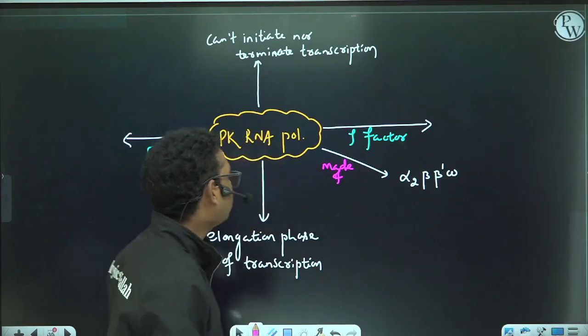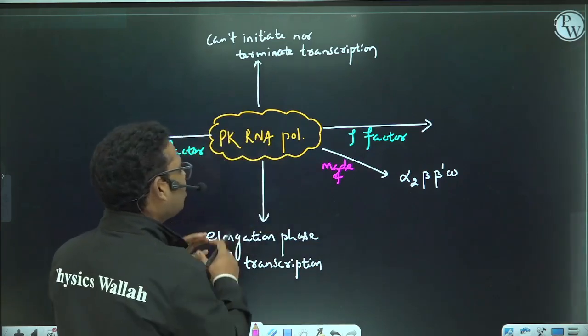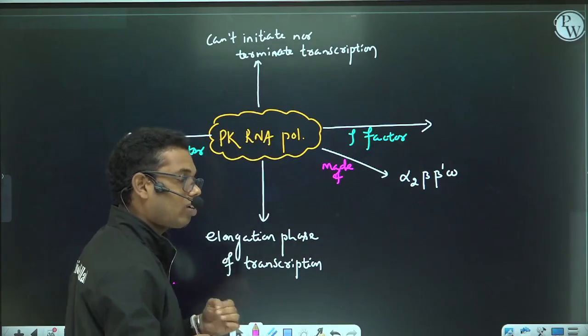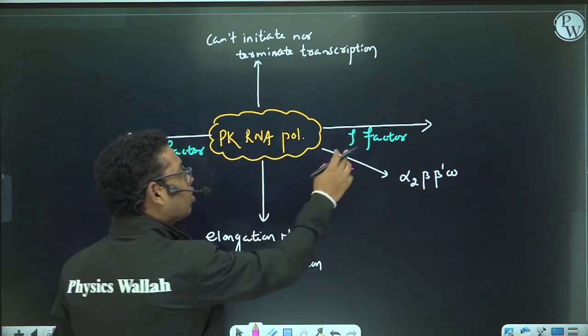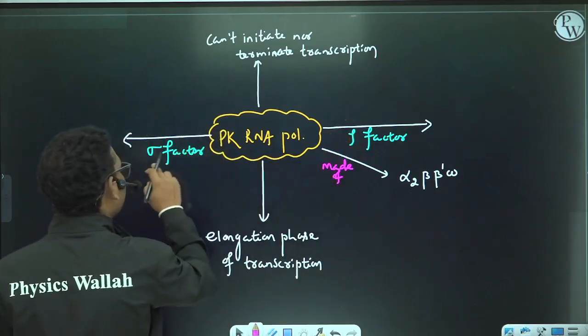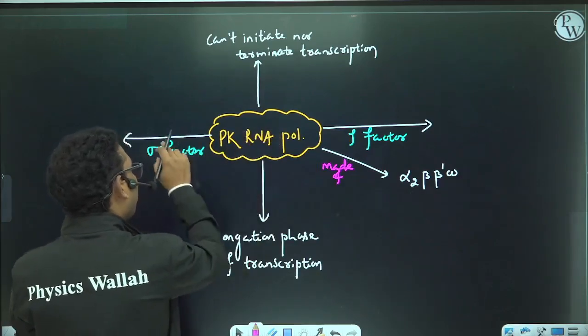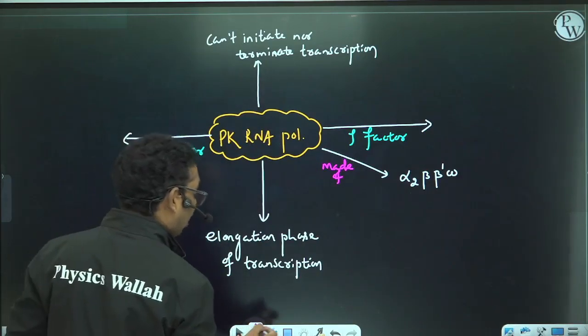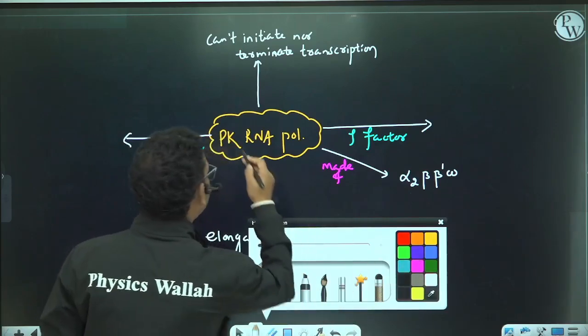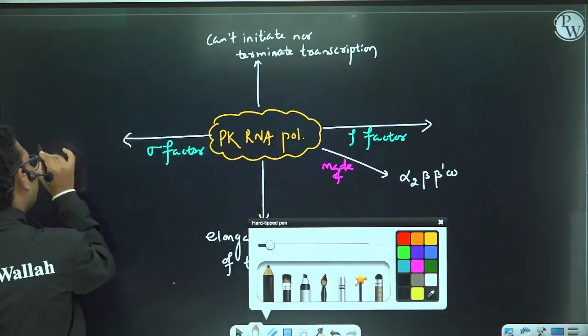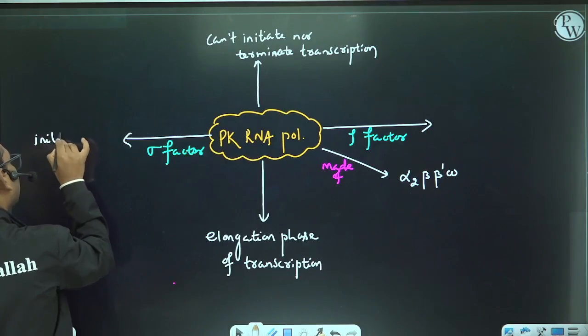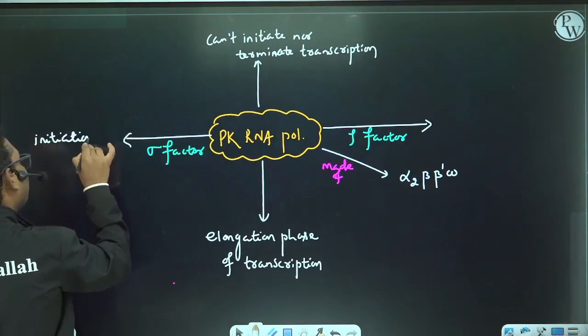To perform initiation of transcription, the RNA polymerase requires the sigma factor. When RNA polymerase binds with the sigma factor, it will perform initiation of transcription.